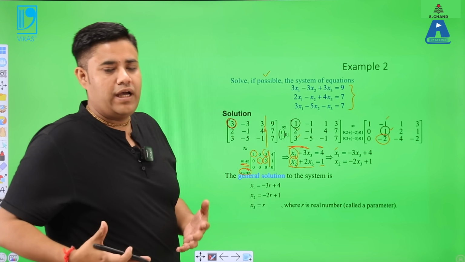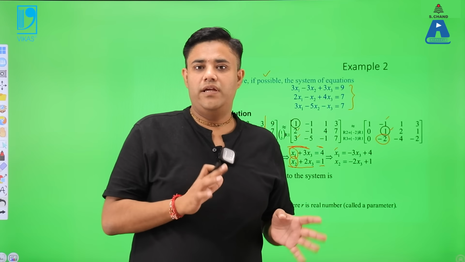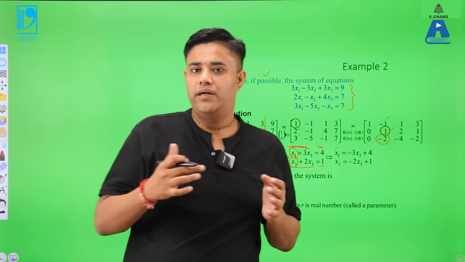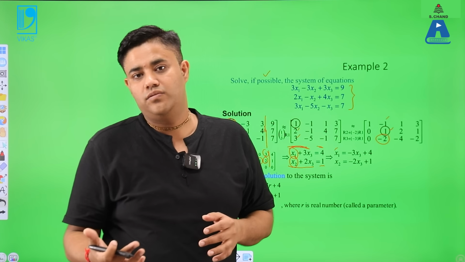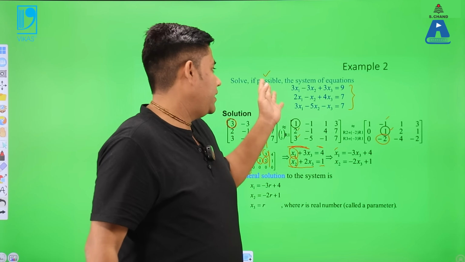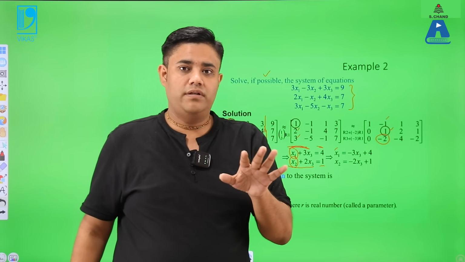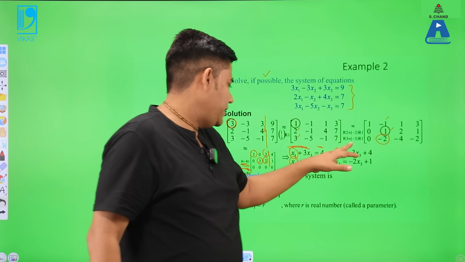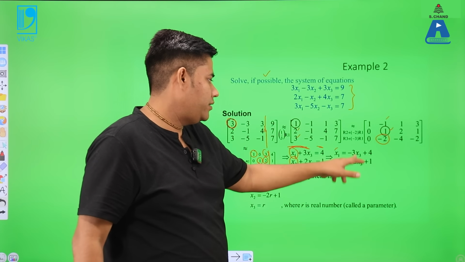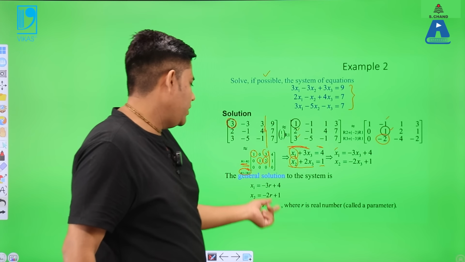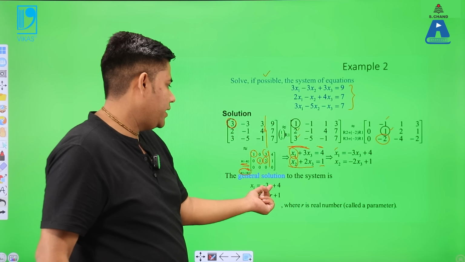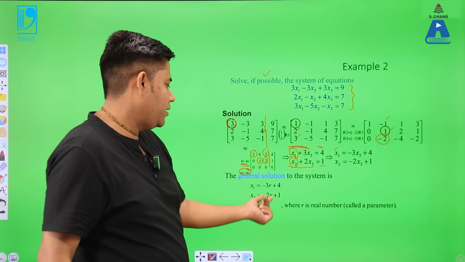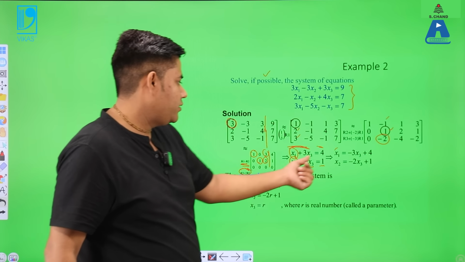So I have got these two variables x1 and x2 in terms of x3. The question was saying that if possible, you can solve it. So I can easily see that this is dependent on the x3 value. So I can have a general solution where x3 can have any value, which can be r. So I can substitute r here.